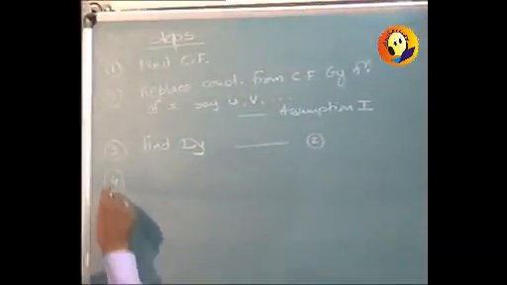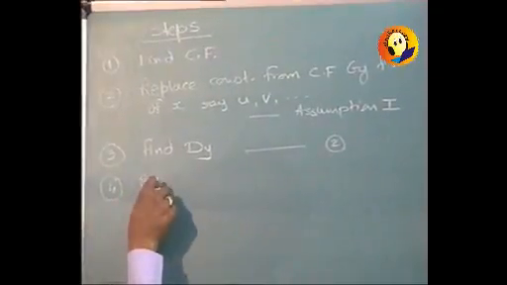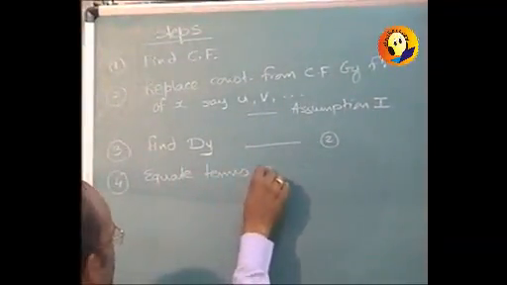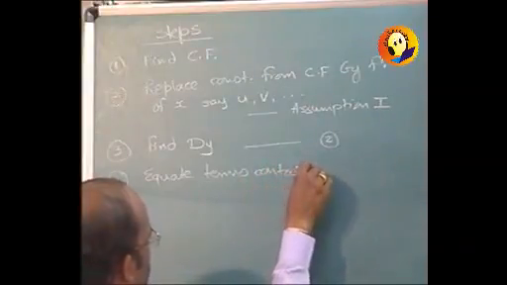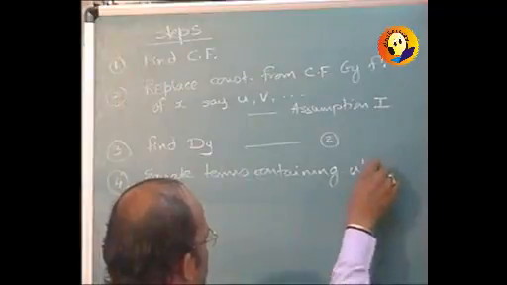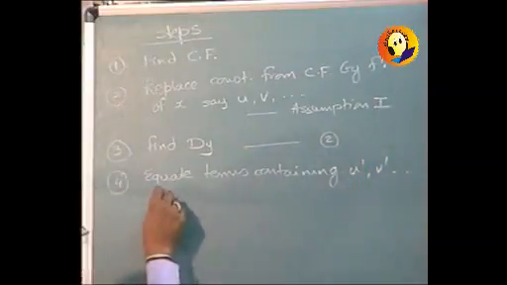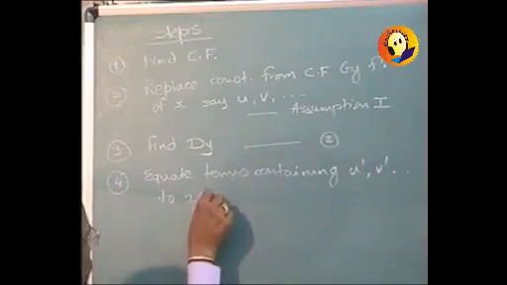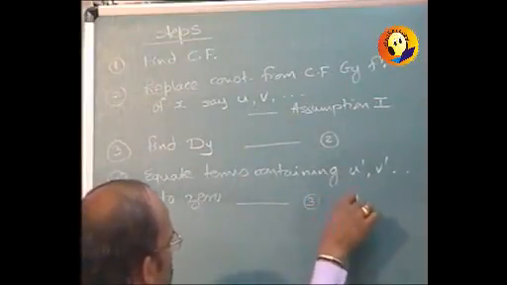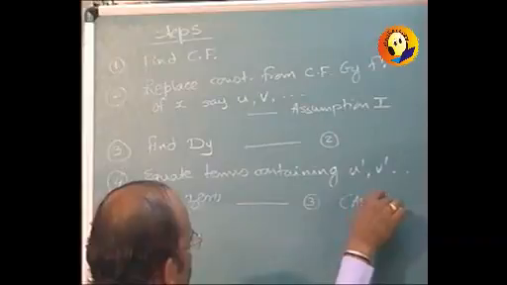Step number 4 says to equate terms containing u dash, v dash, etc. to 0. That is going to be our equation number 3, actually assumption number 2.